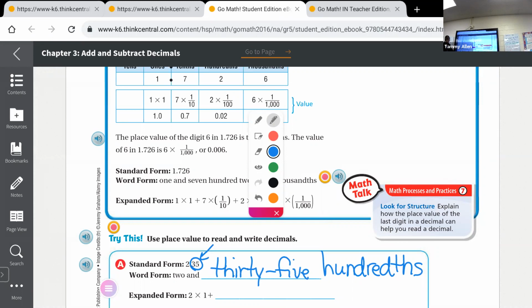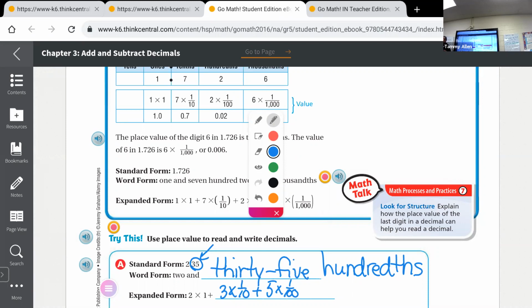Okay? Expanded form. 2 times the place value plus 3 times the place value of 1/10 plus 5 times the place value of 1/100, hundredths place. Does that make sense? Eduardo, what didn't make sense there?